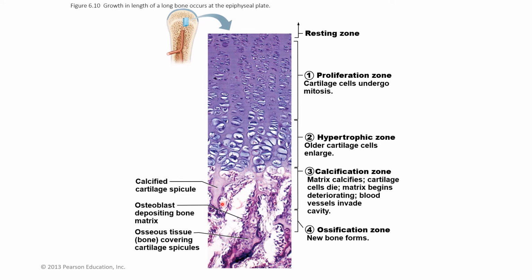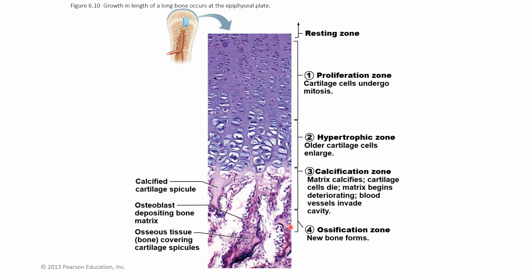Now, as the cartilage cells are dying right here within the calcification zone, the spongy bone, remember how I said there's spongy bone down here, is going to start taking over. That's why we call this zone of the cartilage ossification, because the spongy bone is going to start taking over and calcifying the cartilage. It's going to completely destroy it and put in spongy bony matrix.